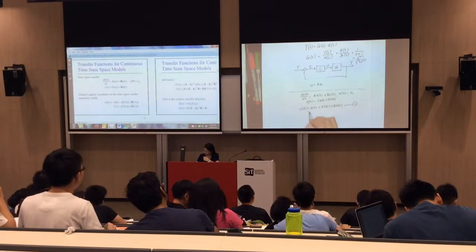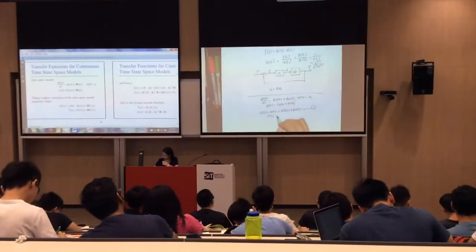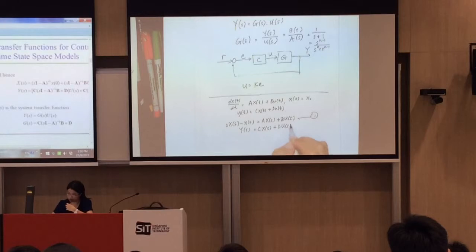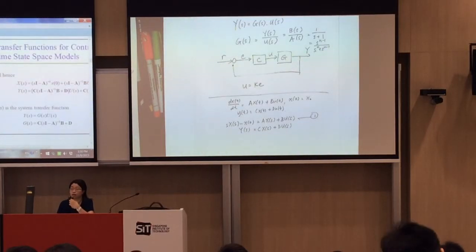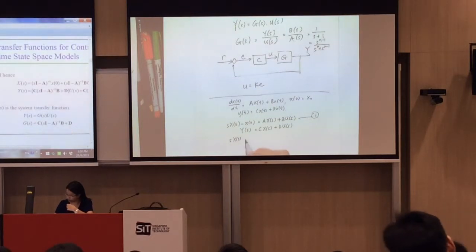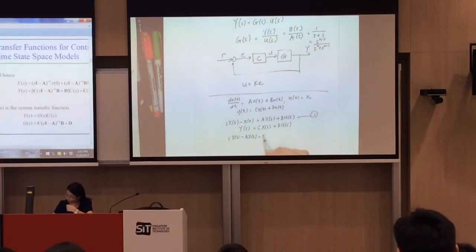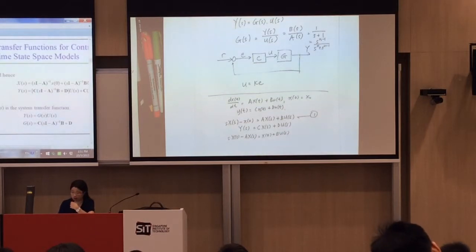The second equation: Y(s) equals CX(s) plus DU(s). From equation 1, there's X(s) on the left, X(s) on the right. Shift them together: sX(s) minus AX(s) equals BU(s).